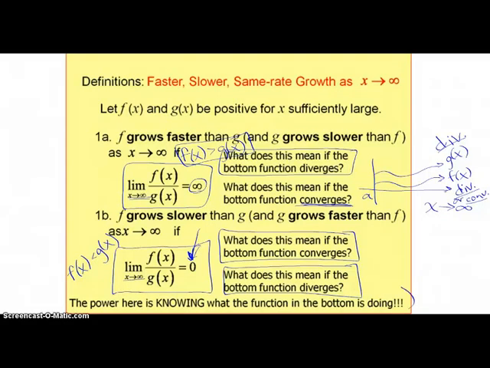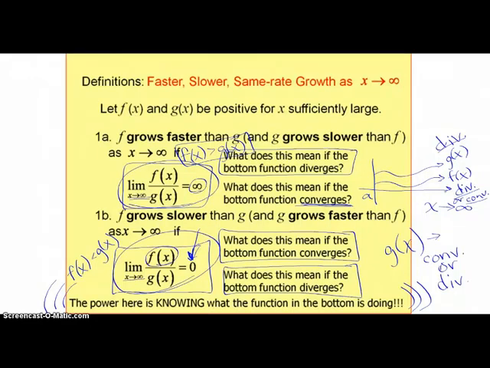What the power to this is that we need to know what the function on the bottom is doing. We need to start out with a function g of x, and we need to determine its convergence or divergence. Then it becomes very helpful to plop that into a limit with the function in question, the one they've asked us to determine, is it convergent or divergent, and make a comparison.